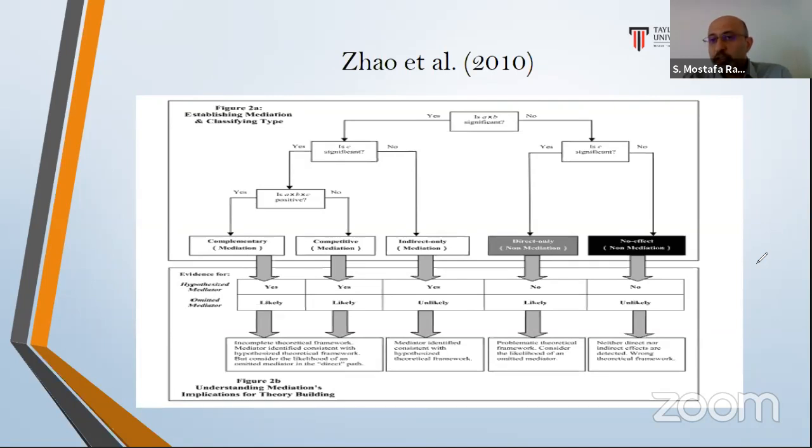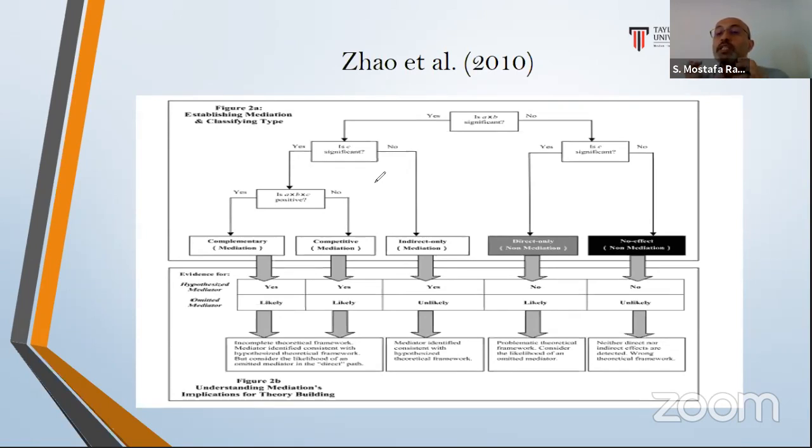It depends on our objective. If we have a direct effect and it is not significant after including the mediator, we can conclude and discuss that all the effect of X on Y is transferred through the mediator, not directly. But if the direct effect is still significant, now we look at the sign of the direct effect and the sign of the indirect effect.